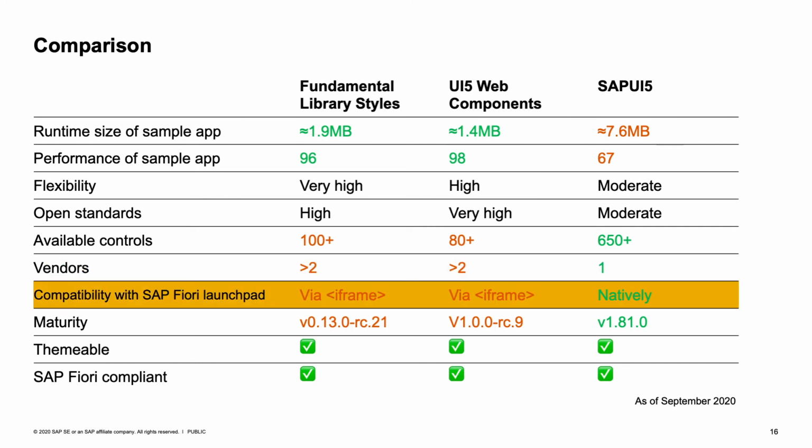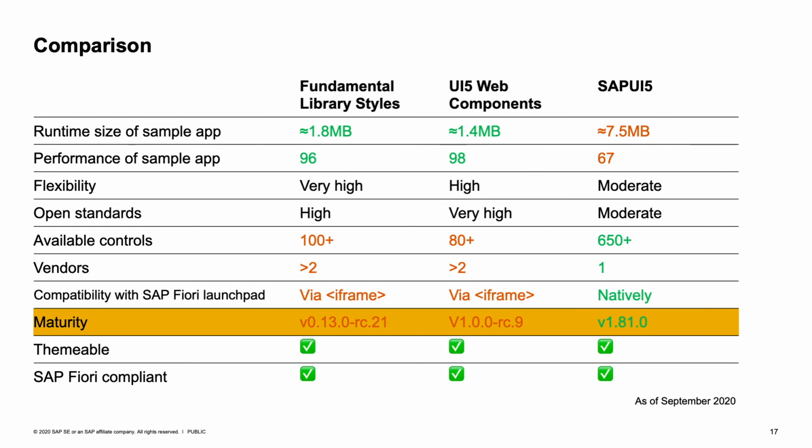All web applications will be compatible with the Fiori Launchpad, which means you can integrate them easily in your working environment. SAP UI5 provides on top a native integration with the Fiori Launchpad, so you can consume services such as the UI5 Flexibility Service or retrieve user information of the current user.